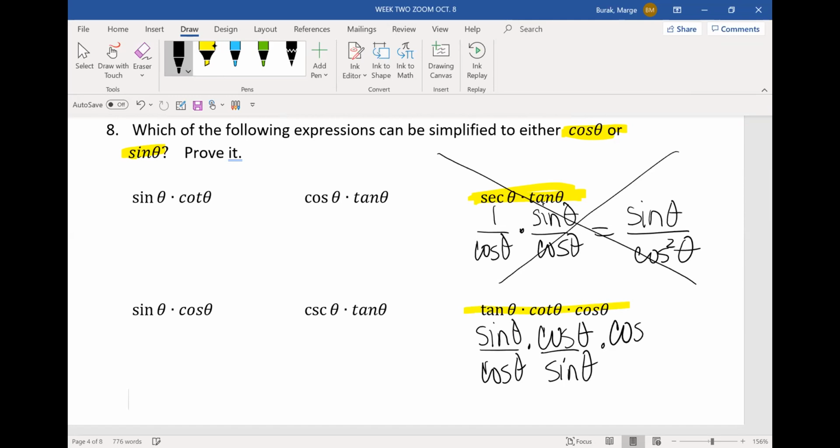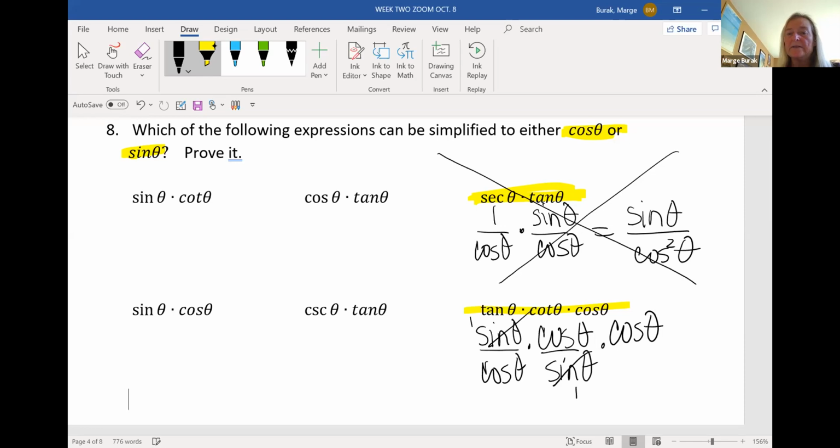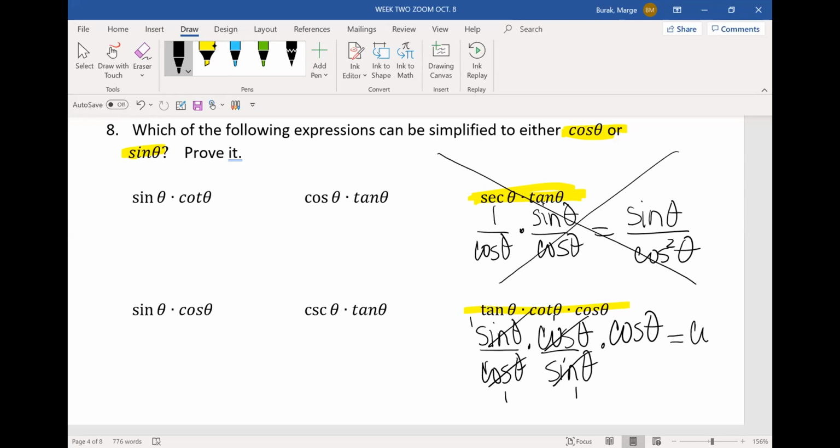But we can make our nice little X there to cross out, because the sines cancel each other out and the first two cosines cancel each other out. So these cancel to one, and that just leaves us with cosine. One times one times cosine. Oh, it's so nice being able to speak.